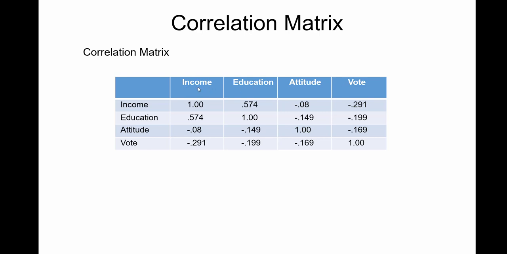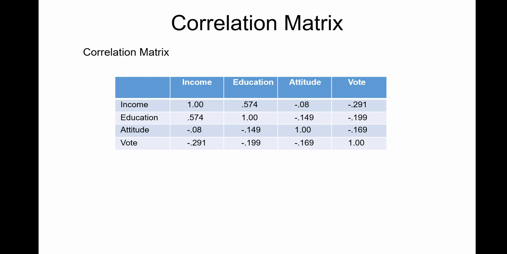So if I look at income, I can see the relationship between income and education is 0.57, roughly. And I can see the correlation between income and attitude is negative 0.08, and the relationship between income and vote is negative 0.29. So I can see multiple relationships on this correlation matrix all at one time. So you don't have to do each individual pair as you go, okay?